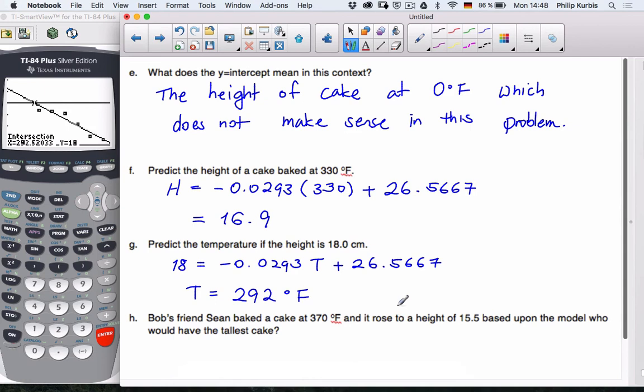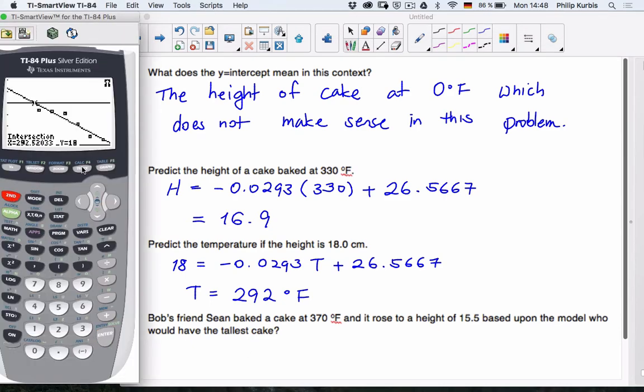And finally, we have a question about Bob's friend Sean, who bakes a cake at 370 degrees, and it rose to a height of 15.5. So we're going to compare what Bob's height would be with Sean's height of 15.5 and see what we get. So again, we're back to the value because we're inserting a temperature of 370. Now what we're going to find is Bob's, and we're going to compare that.